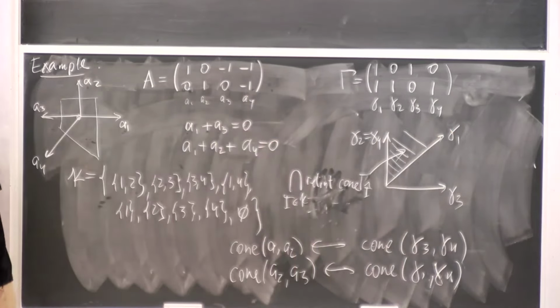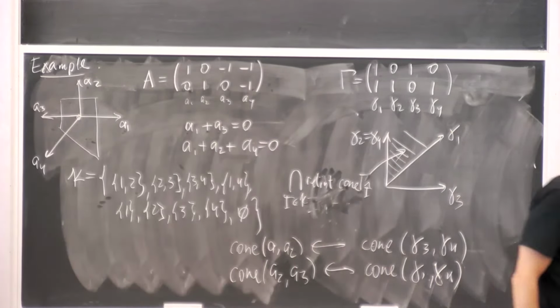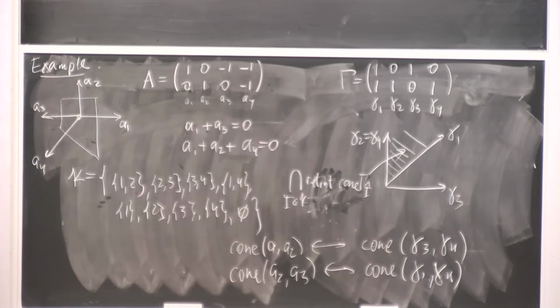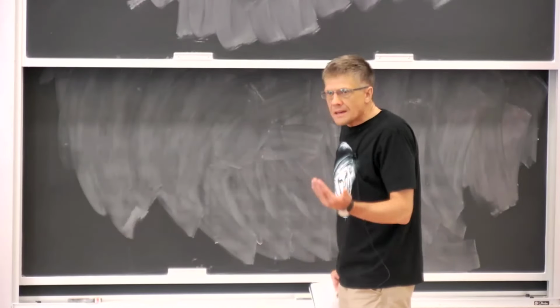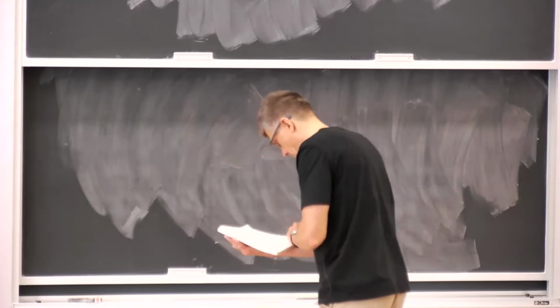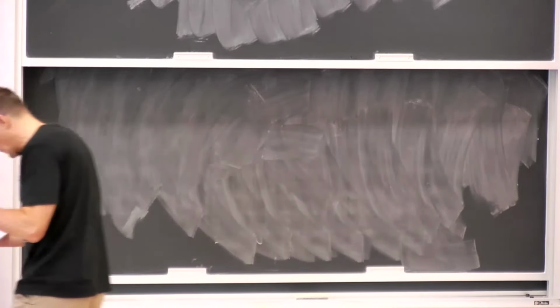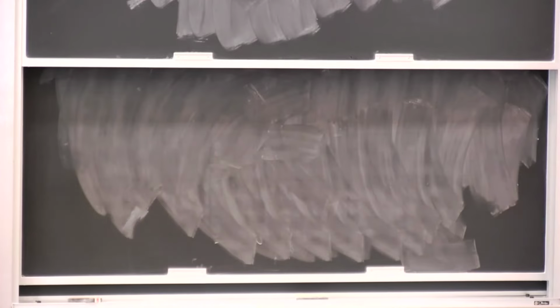So if the cones intersect pairwise, that doesn't guarantee that they have non-trivial intersection in total, right? And that's precisely the condition for the normal fan that puts us into the situation of symplectic toric manifold or projective toric varieties. Yeah, but I'm not sure that I'll have time to explain that in more details, but that's how it is.